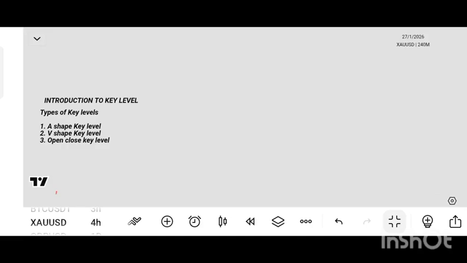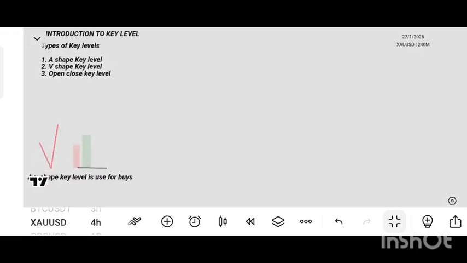These key levels all have their uses, what we use them for, the same way you have order block, fair value gap, and breaker block. That's how they are too. An A-shaped key level has its own use, a V-shaped key level has its own use, an open close key level has its own use, and they can be applied to different markets and different price action at the same time.